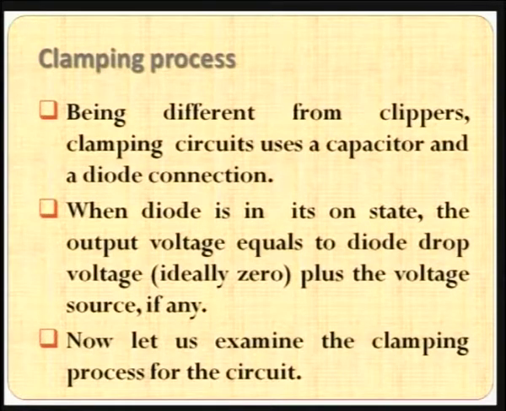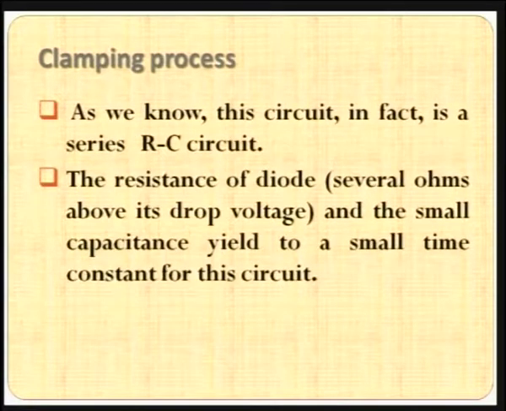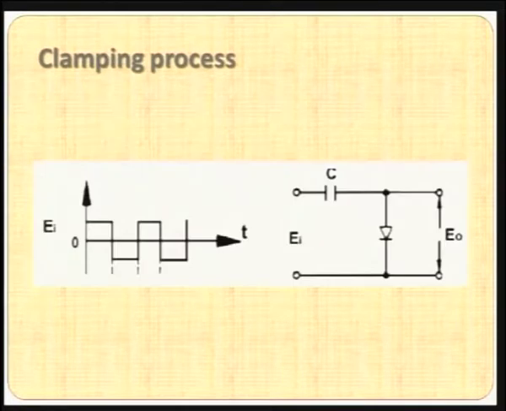When the diode is in its on state, the output voltage equals the diode drop voltage, ideally 0, plus the voltage source if any. Now, let us examine the clamping process for the circuit. As we know, this circuit is in fact a series RC circuit. The resistance of the diode, several ohms above its drop voltage, and the small capacitance yield a small time constant for the circuit.